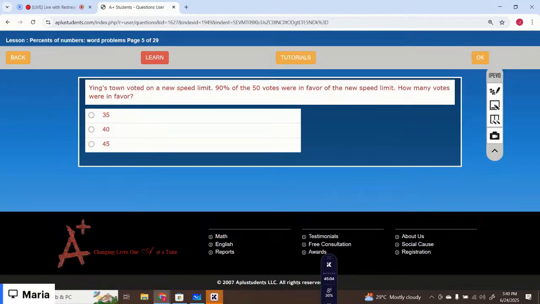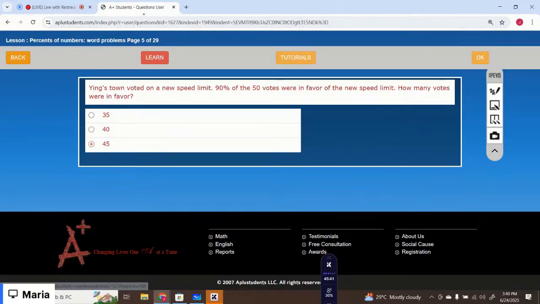So which is the correct option? That is 45. Option number three is the correct option.